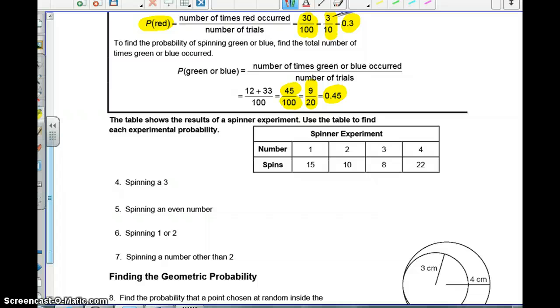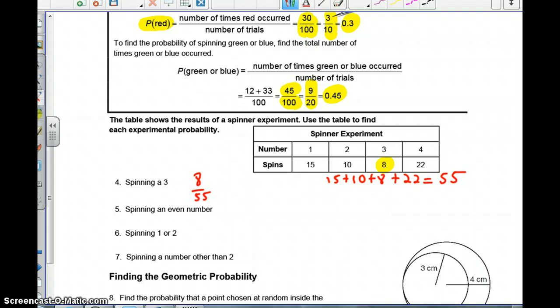The table shows the results of a spinner experiment. Use the table to find the experimental probability. Spinning a 3 occurred 8 times out of a total of 55 times. So spinning a 3 would be 8 out of 55.